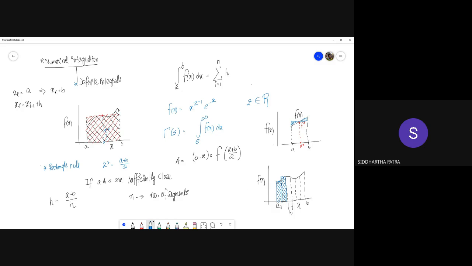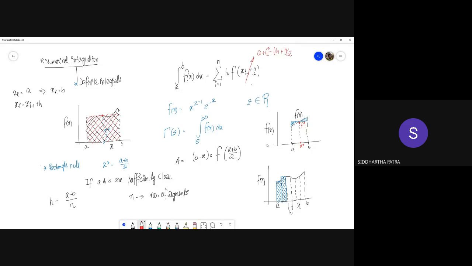So the width of each rectangle is h, but the height changes, and the height is the function value at xi minus 1 plus h by 2, or you can generalize this as a plus (i minus 1) times h plus h by 2.